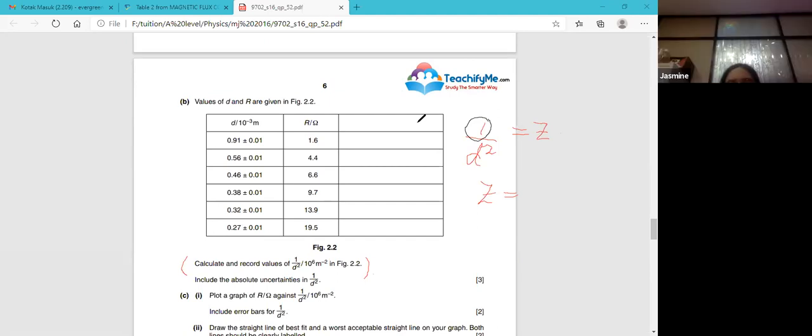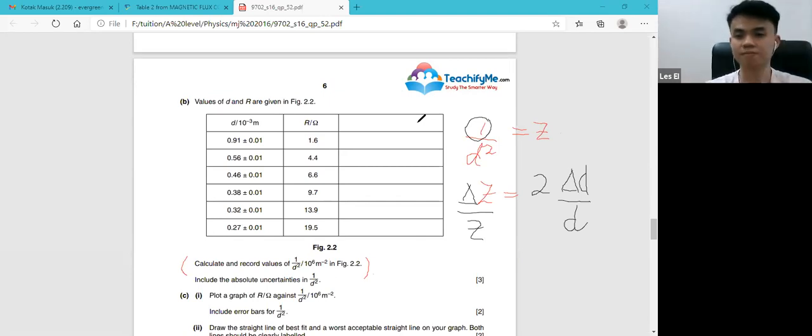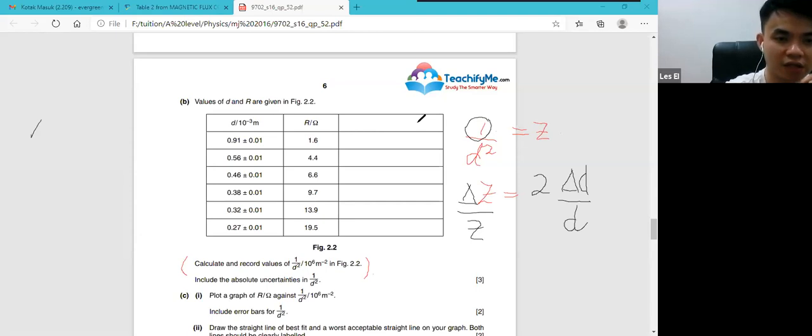No. So I can write fractional uncertainty for z would be 2 times fractional uncertainty for d, because the power of the d is 2. Any students have questions until here? No. Okay.